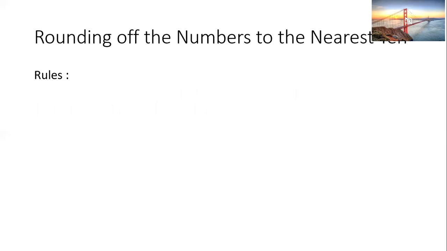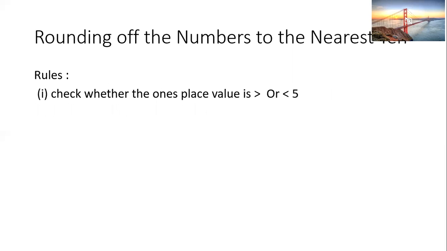Rounding to the nearest 10 means you just round the value at the tens place only. You replace the number only at the tens place. Some rules are there.